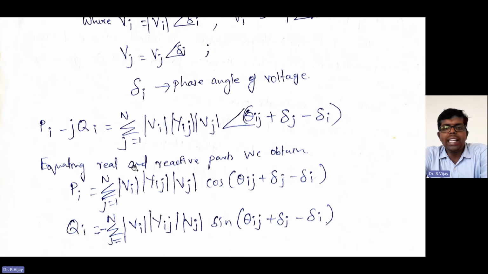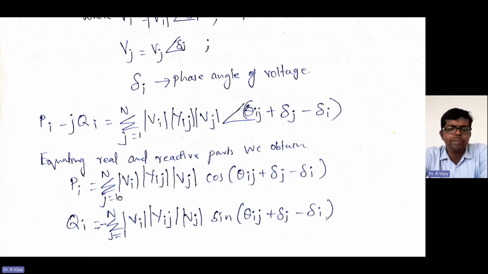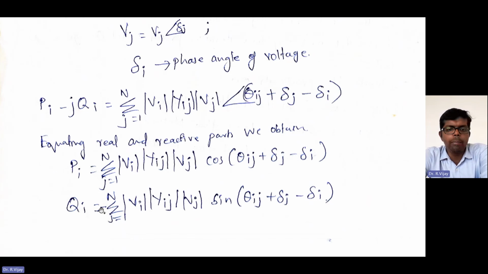Equating real and reactive powers, we obtain the equations like this. Pi is summation j equals 1 to N of |Vi| |Yij| |Vj| cos of theta ij plus delta j minus delta i.